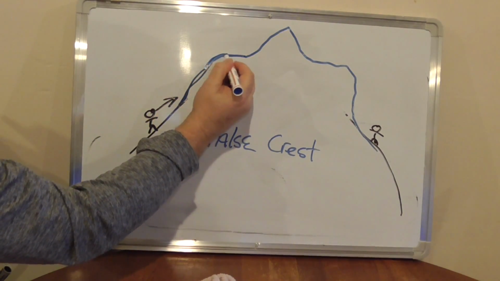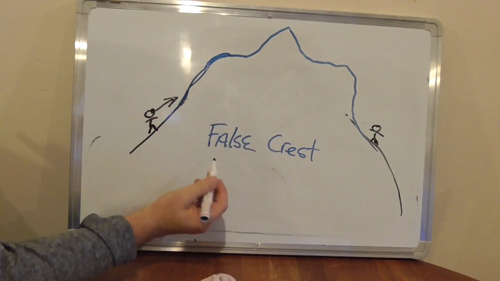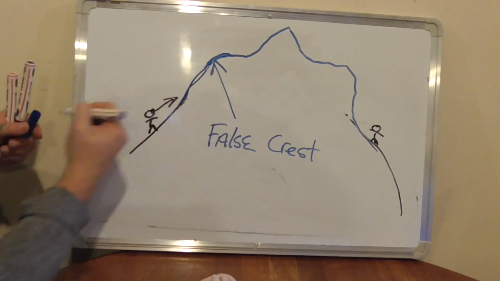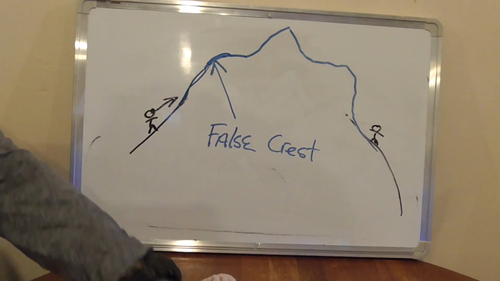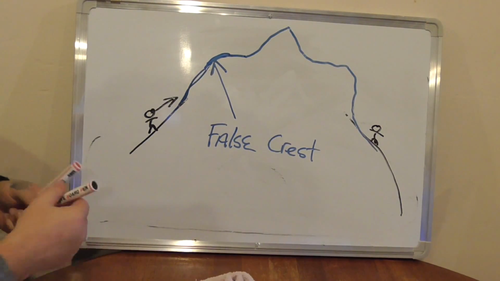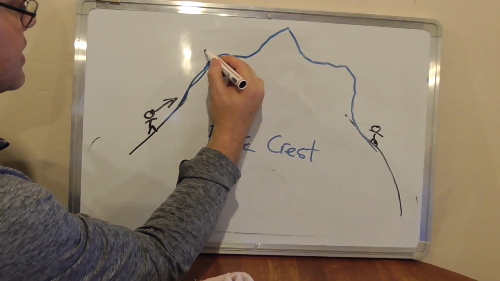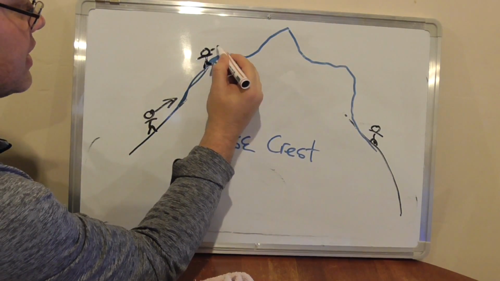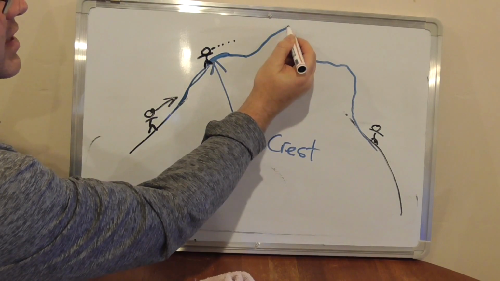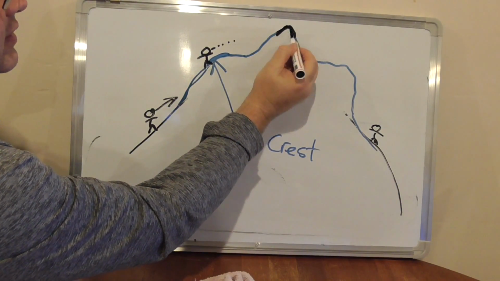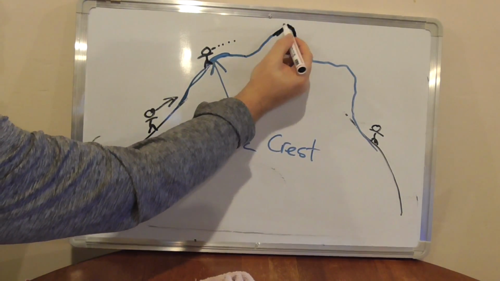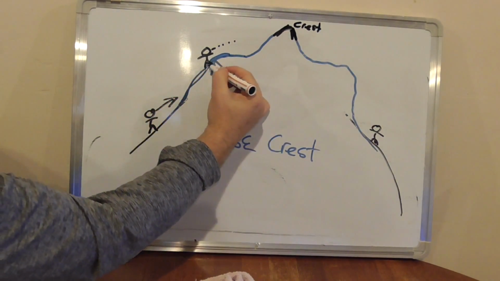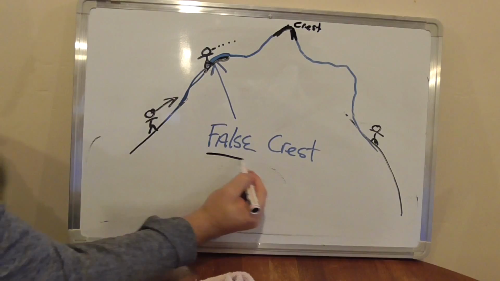We think that's the top of the crest, but it's not. It's a false crest, because as soon as we reach the top up here, we get to here, and we can clearly see that there's another crest here. And we go, oh, there's the crest, the top. This one here that we saw earlier is a false crest.